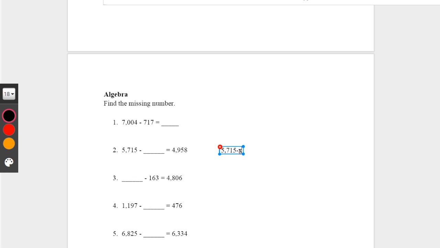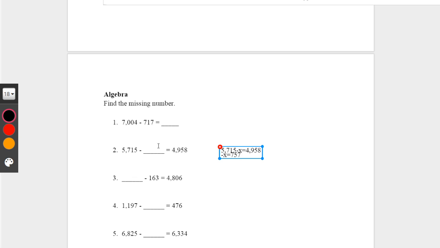5,715 minus x, which is the missing number, which we will be finding, equals 4,958. Now, in order to find this x, we moved the 5,715 to the other side. So we get negative x equals, let's just subtract that, sorry. 5,715 minus 4,958 equals 757, right?